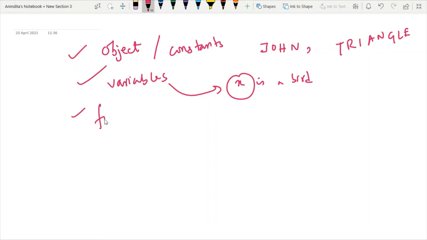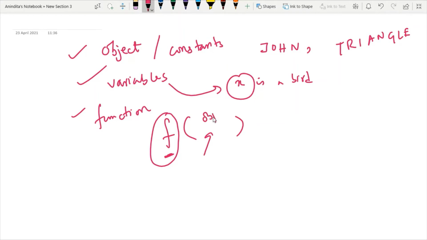And the third component is known as function. Basically, a function will look like this. In case of function, the rule is the name of the function will be with lowercase letters, and as an argument in the function, you can either use an object or a variable. I'm giving you one example.